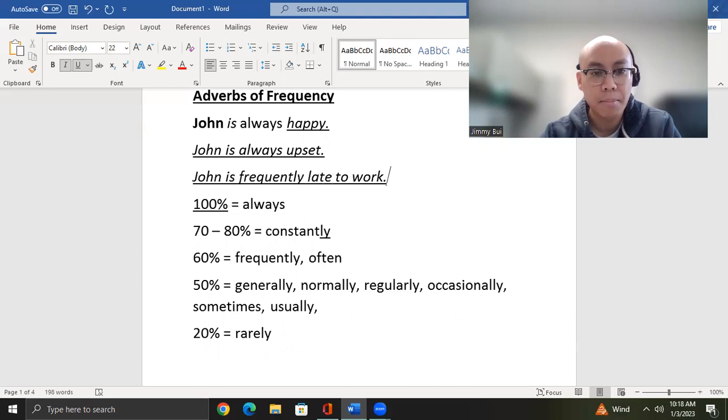So again, these percentages are my opinion. If you use these words, I would say the percentages are pretty close to accurate. If you said rarely when you mean a lot, then of course there is a large discrepancy there. But don't worry about being exact, because when we get to definitive adverbs of frequency, I'll show you how to use those and how to be more precise and exact.